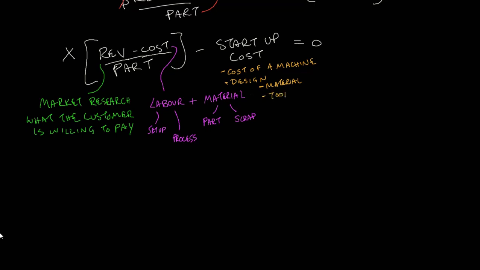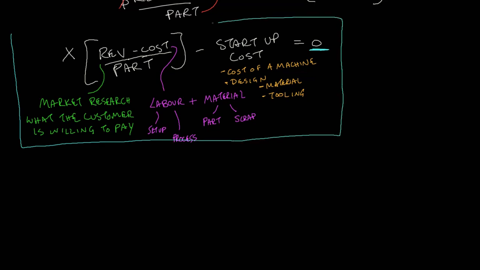And finally, the tooling involved. So, machine costs, design costs, material costs, tooling costs. Those are typically what you see in your startup costs. And that's why it's broken out on its own. Because once you've paid this off, once you've met this zero relationship, you're just now focused on your profit. But this formula as a whole will find you your break-even point.